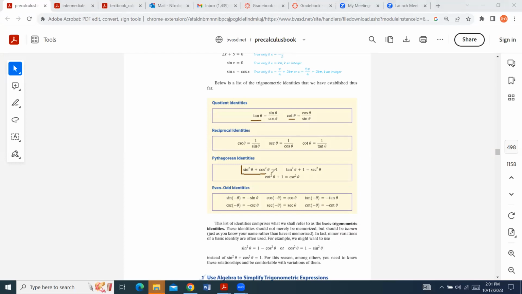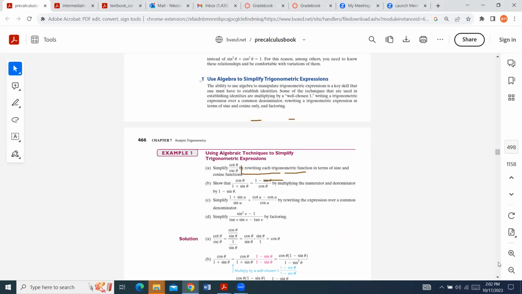For example, the Pythagorean theorem and its cronies, such as tangent squared plus 1 or cotangent squared plus 1. So that's all we're going to look at here, and we're going to have some more things in addition.